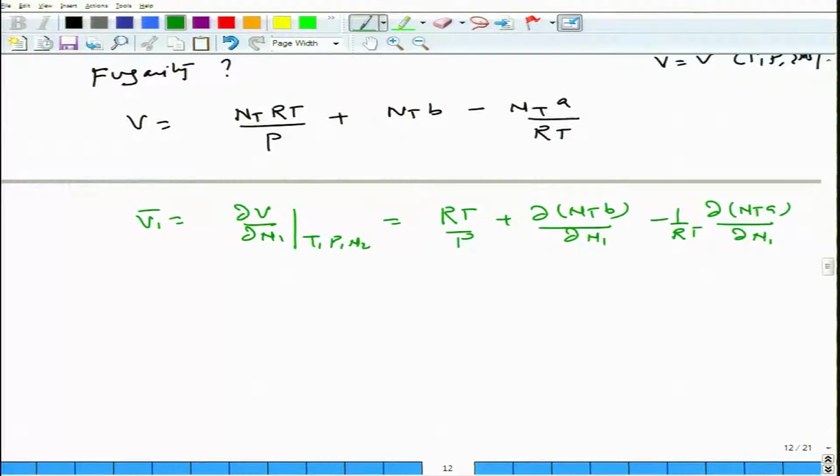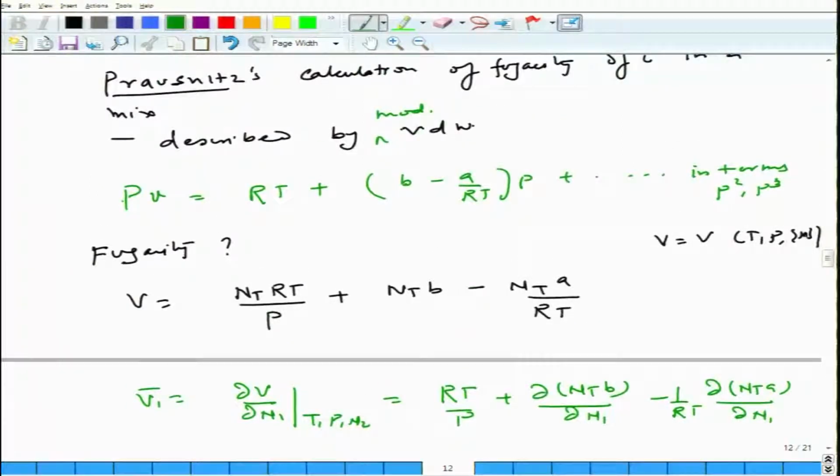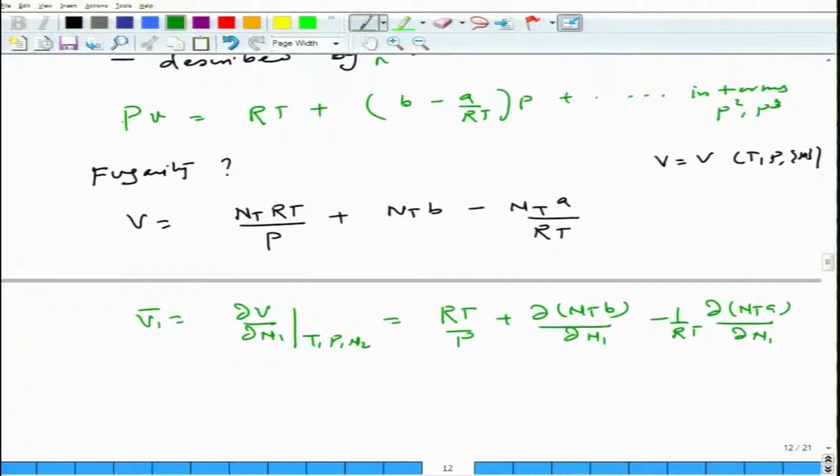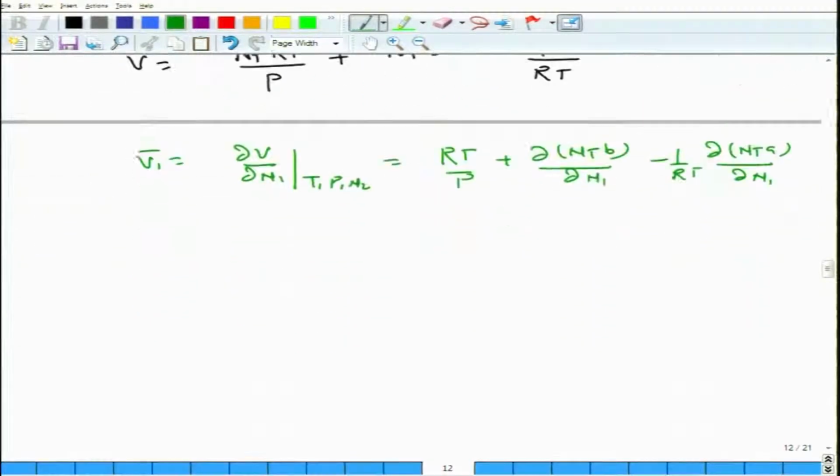Okay, so what are A and B here in the van der Waals equation in general? B represents the size and A represents the attractive forces, the interaction between the particles. Now, what would be the A and B for a mixture? It depends on composition, right.